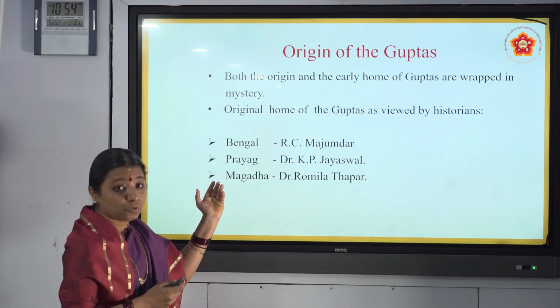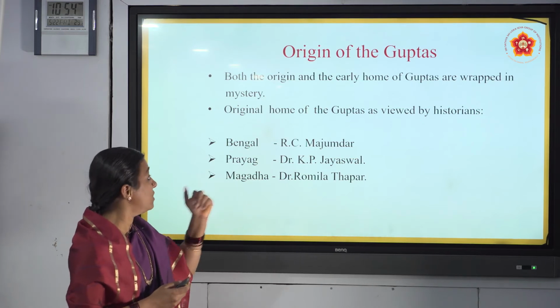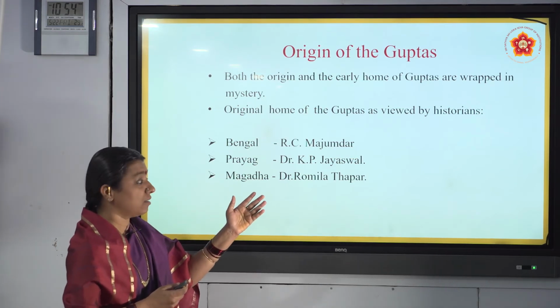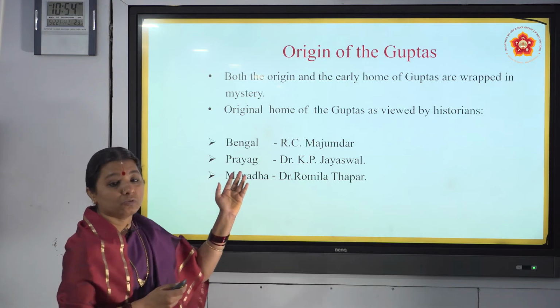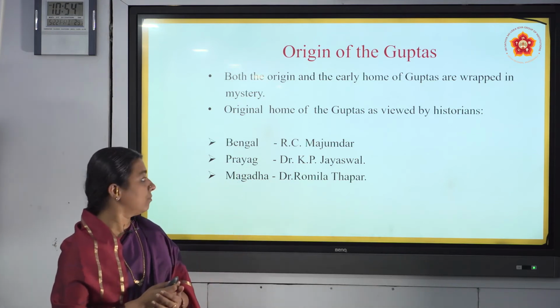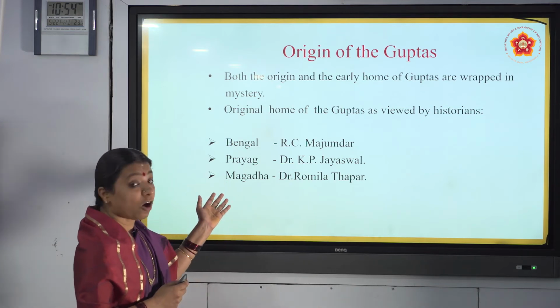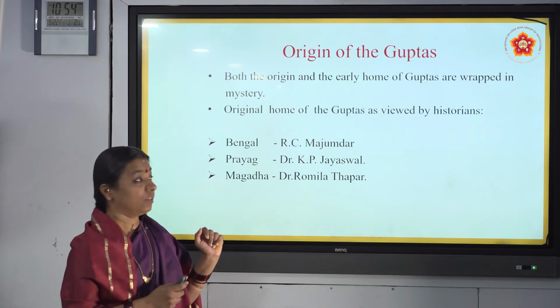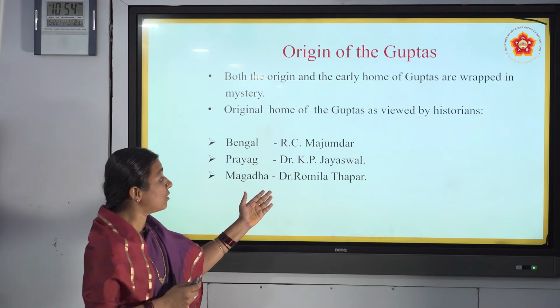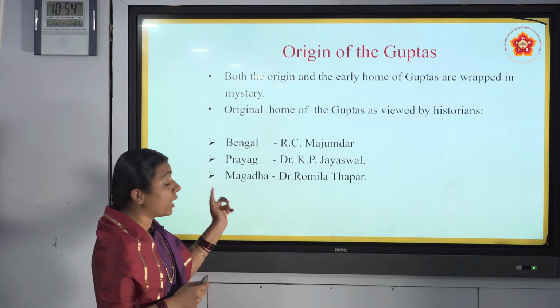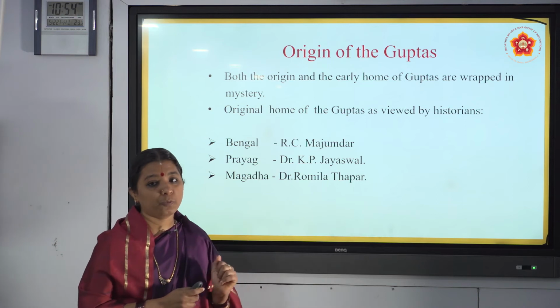According to Dr. R.C. Majumdar, the Guptas belonged to Bengal. Dr. K.P. Jaiswal regards Prayag as their original home. And according to Dr. Romila Thapar, Magadha is the original place of the Guptas.